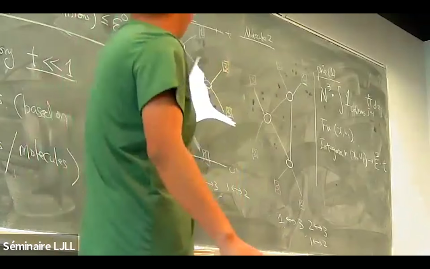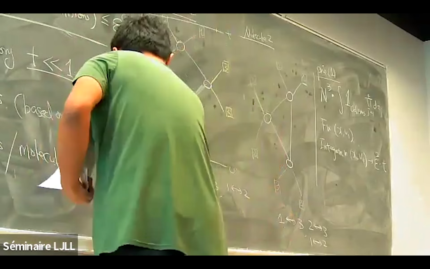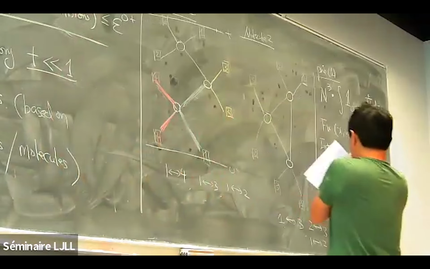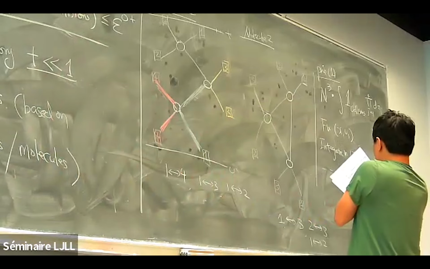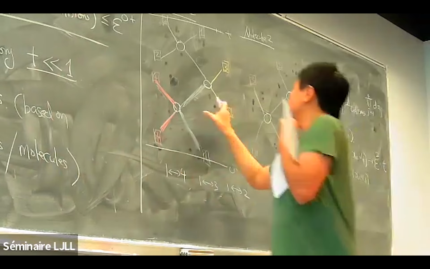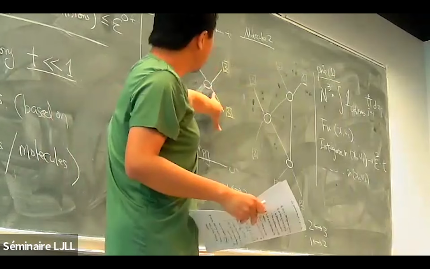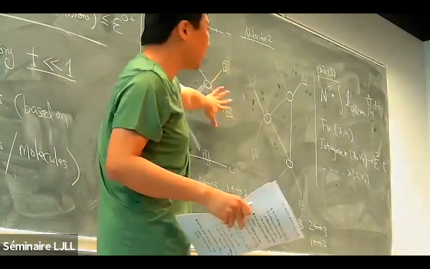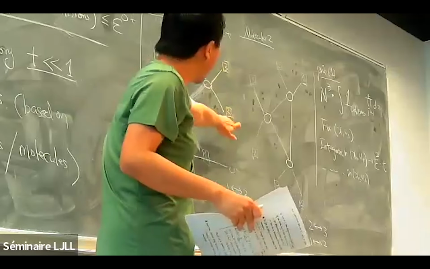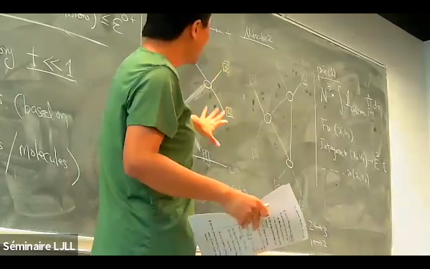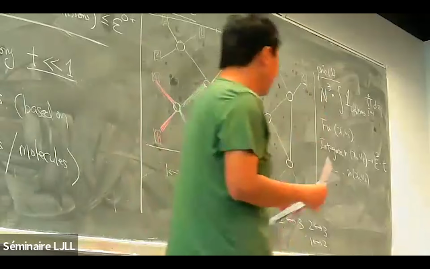Now we look at the x3 v3. Integrate. Since this velocity is fixed, when you integrate x3 v3, you consider the probability that this edge collides with this edge, and you get another epsilon squared.